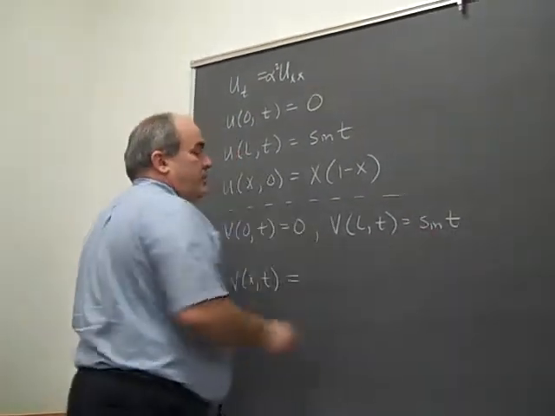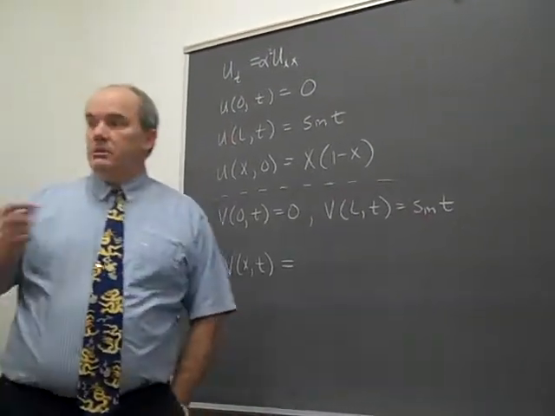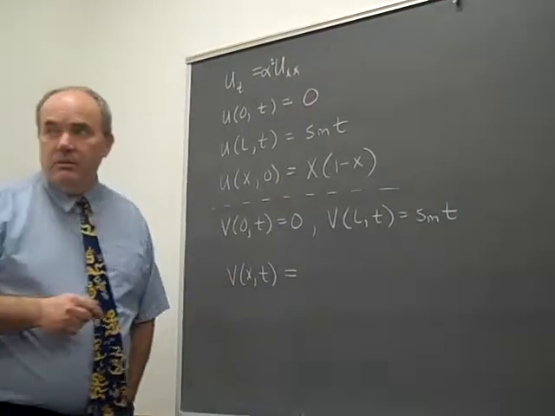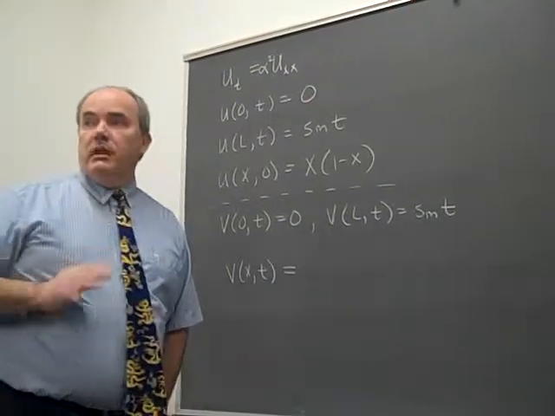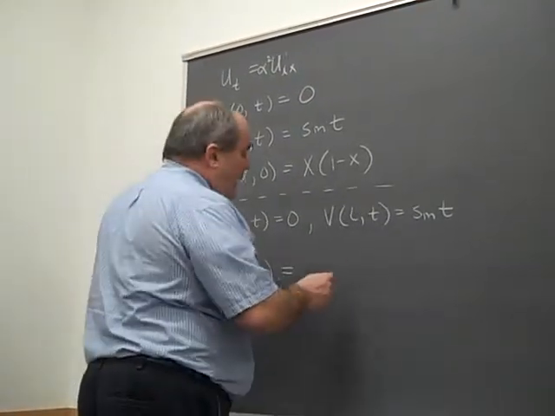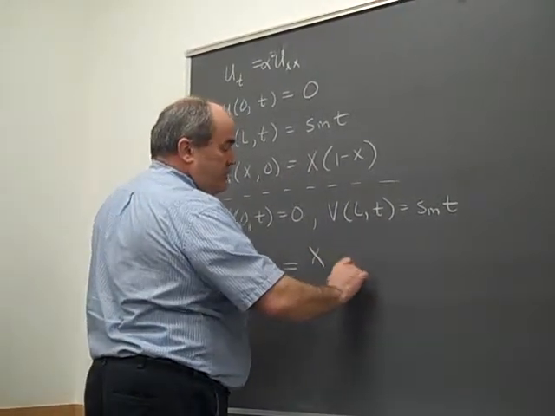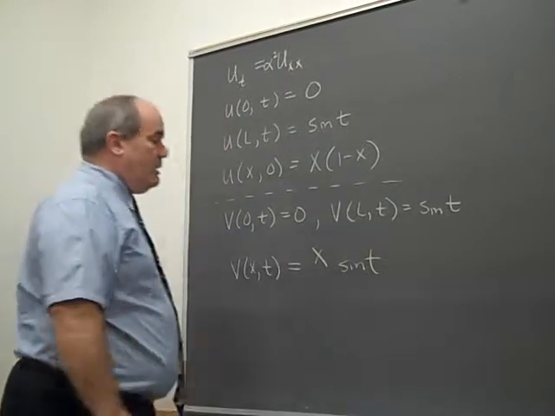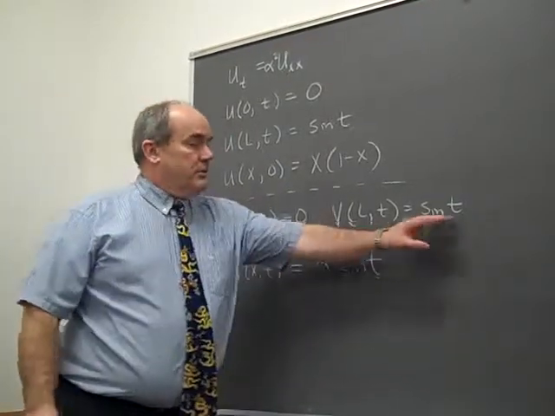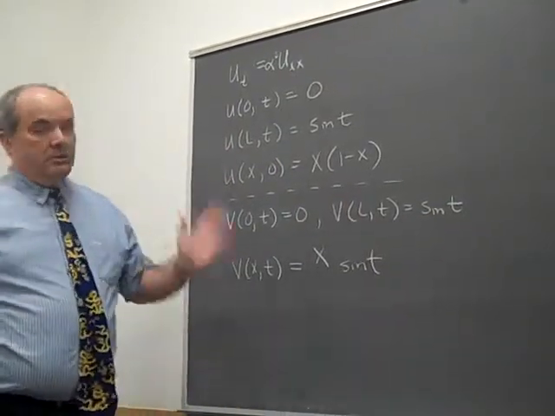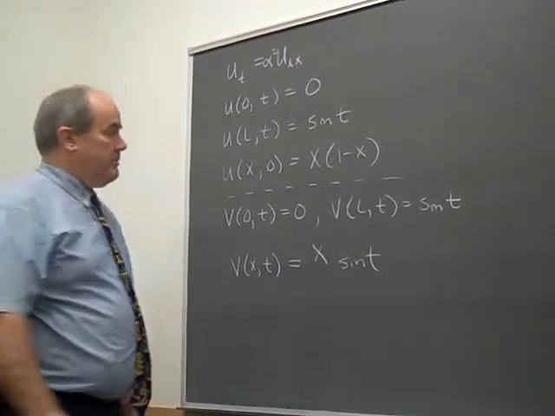It's not too hard to figure out how you make something disappear when x is 0. You just multiply by x. So I would have an x, and I would be multiplying times the sine of t, and that way when x is equal to 0, sine of t doesn't make any appearance in my expression.